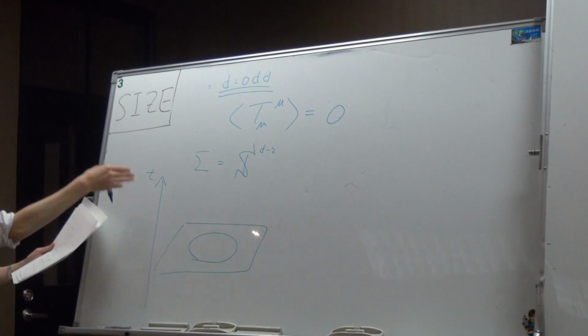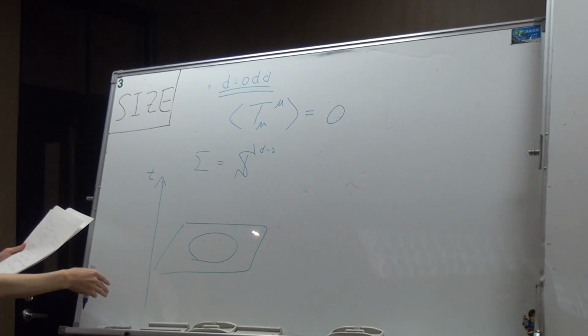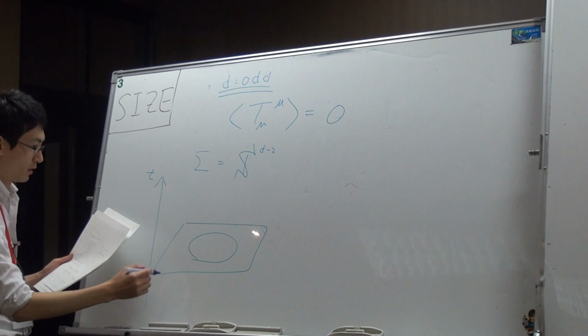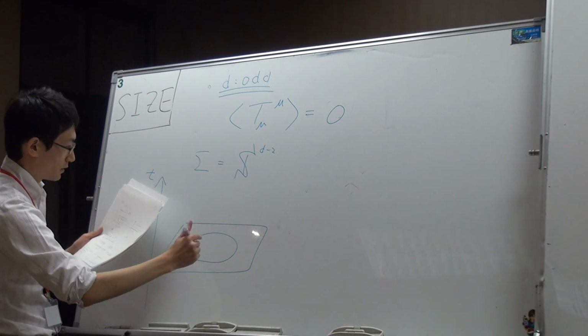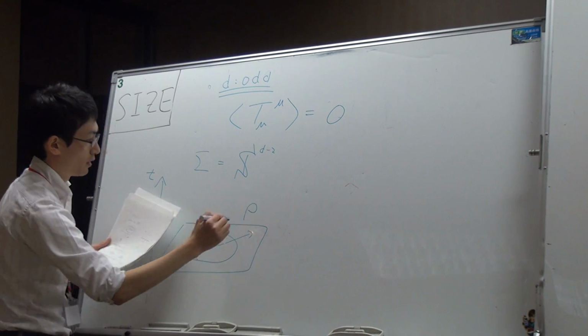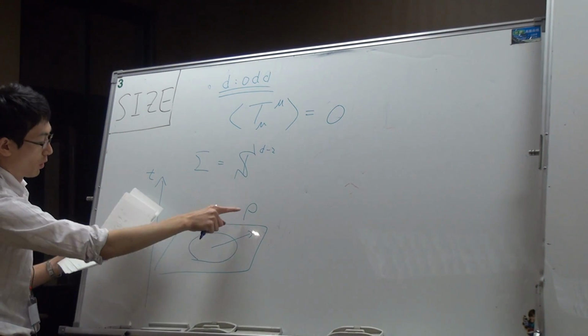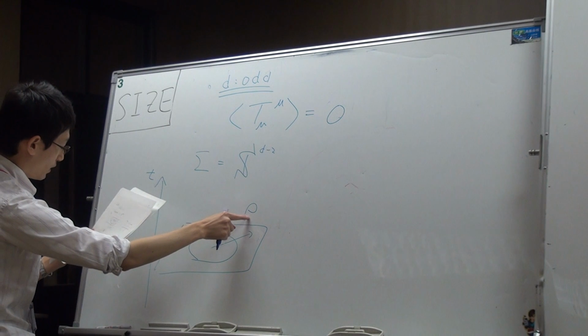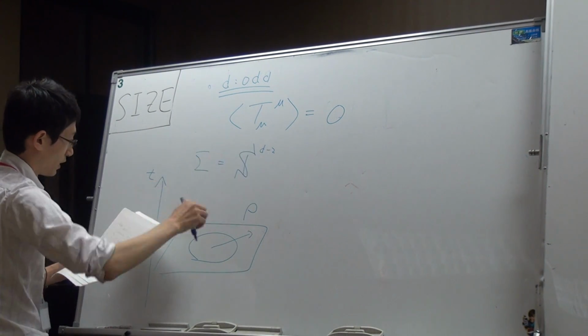Then I have time, which is actually the Euclidean time, and a spatial slice, where I take polar coordinates and the radial direction is denoted by rho. This is not the density matrix, but the radial coordinate.